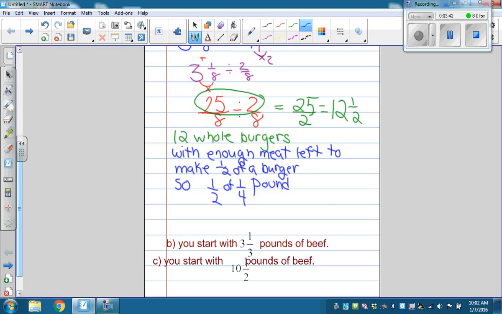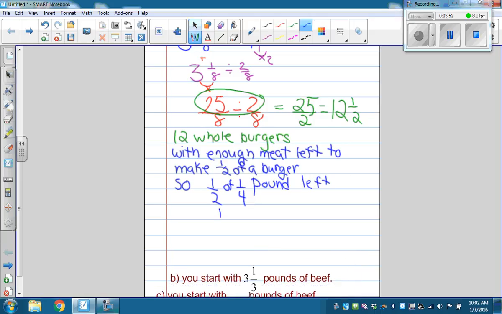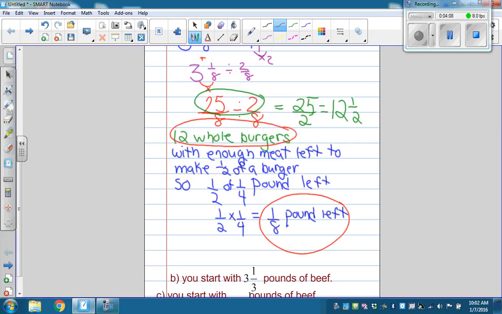That's how much we have left. So how do you do that, Isabel? You multiply. So that's 1/2 times 1/4, which is 1/8 of a pound left. So that's how much we have left, and that's how many burgers we can make.